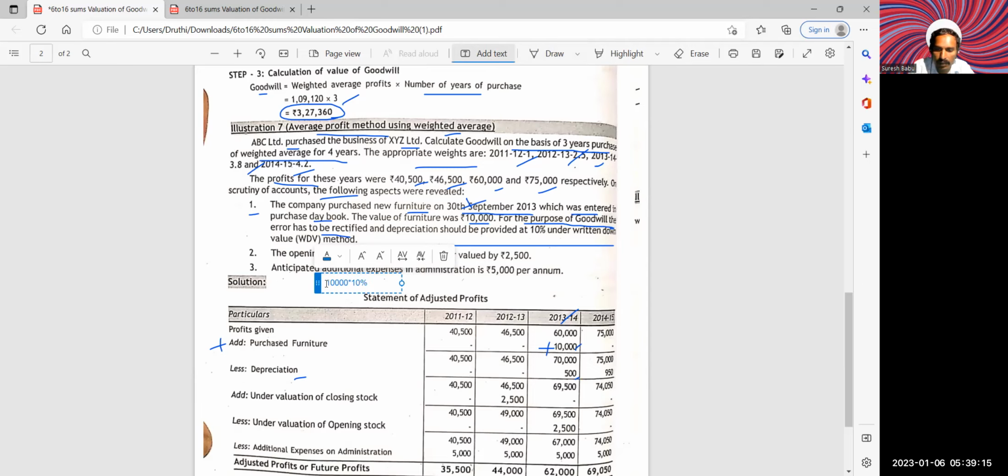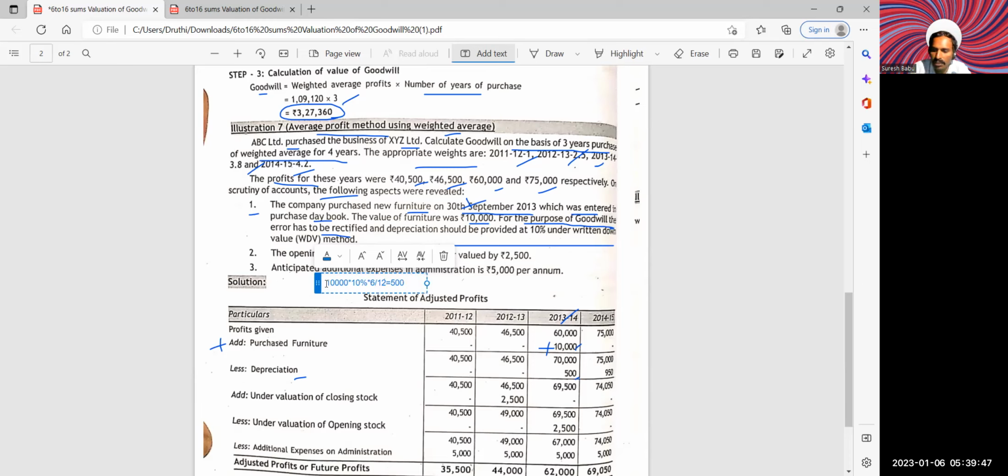Into how many months? 6 months, divided by 12, that is 6 months in a year. So you get 500 rupees. This is the first year.